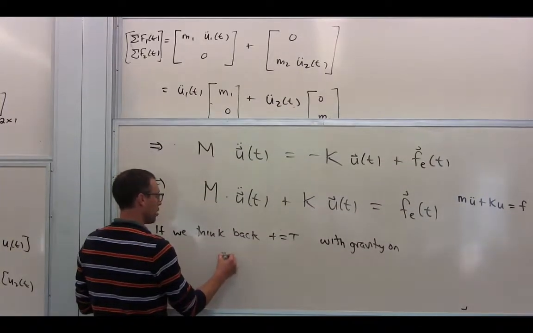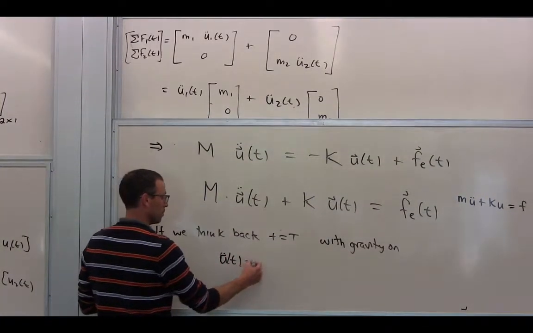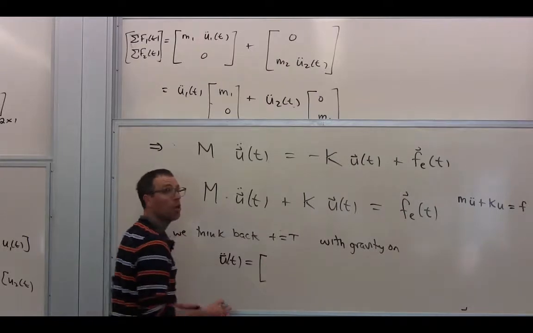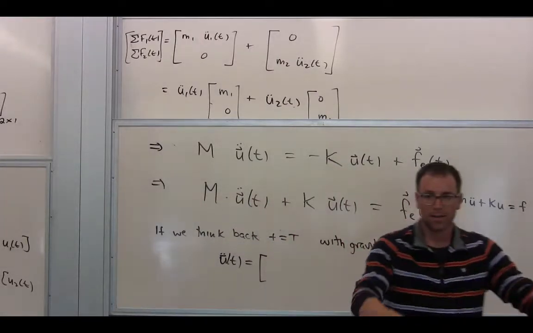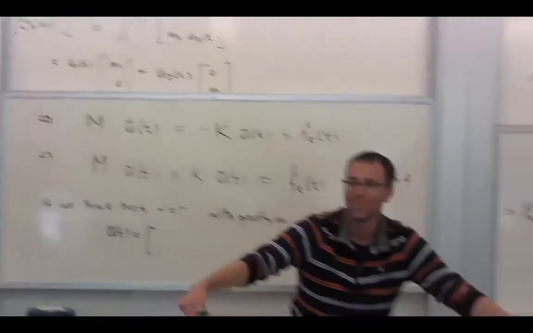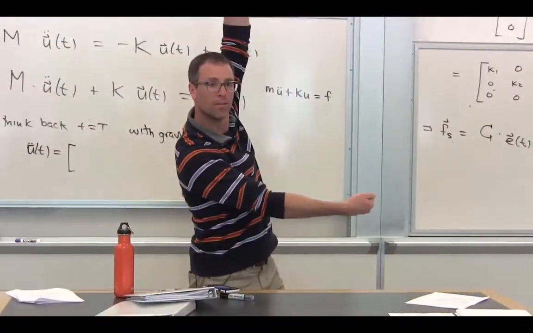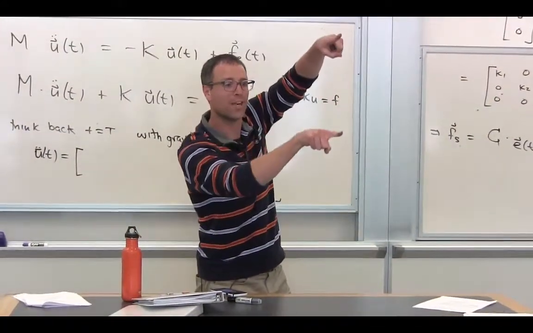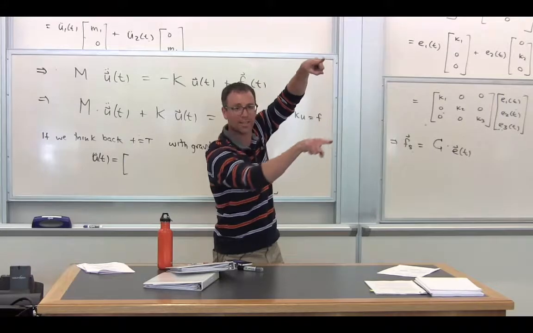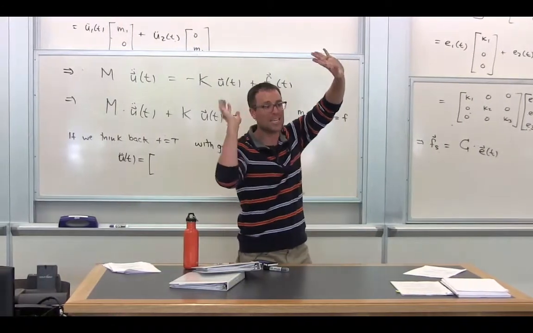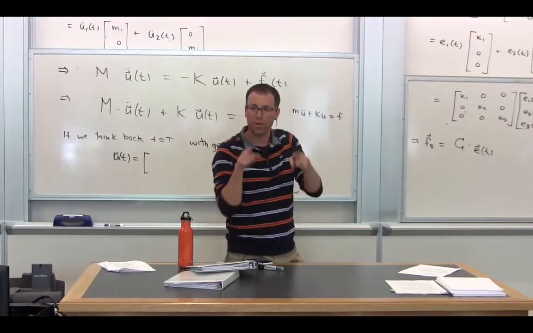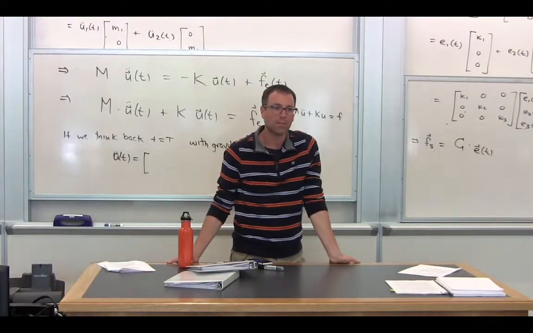What do you know about u double dot? Think about this for a second. Gravity's off, right? You can put gravity on. The things settle down to equilibrium in that second state, right? At t equals capital T seconds. What's the acceleration of those masses? 0.